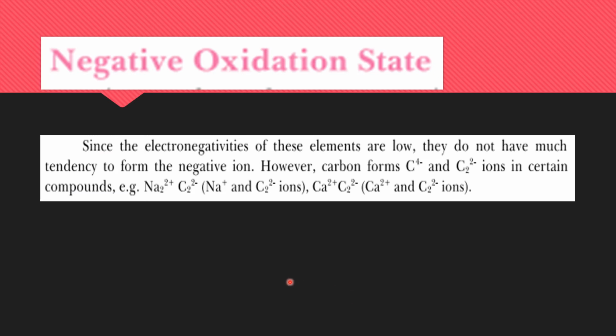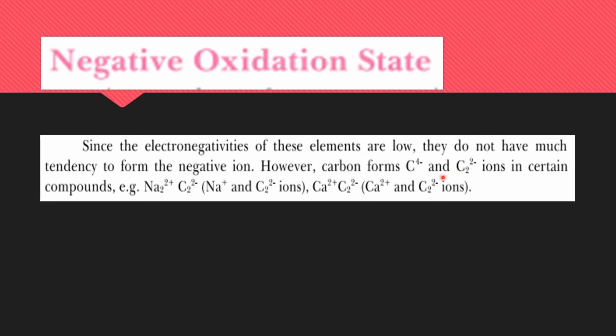All the elements we have seen show positive oxidation states, the +2 or +4 oxidation state, but in addition to these, these elements also show negative oxidation states, they also form negative ions. An example is carbon. Carbon shows the -4 as well as the -2 ions.